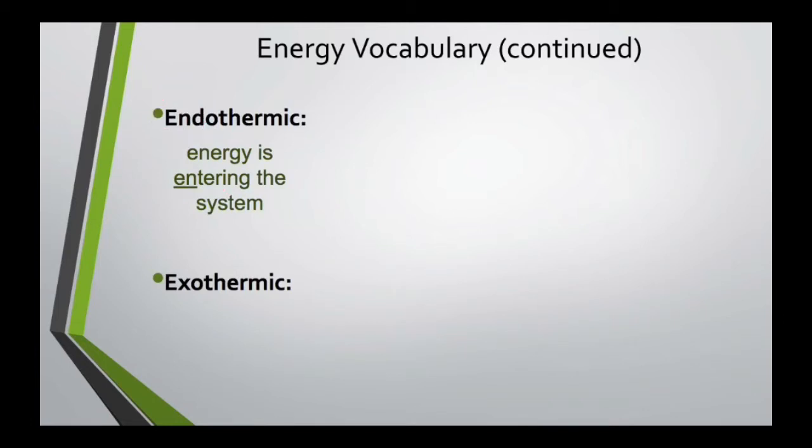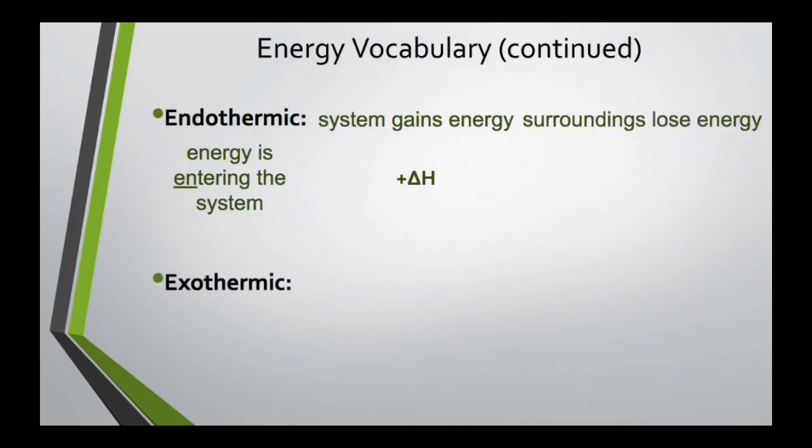And if energy is going into our system, that means the system is gaining energy. That is always going to result in a positive sign on our delta H value. So just to round this out, if the system is gaining energy, of course, that means the surroundings are losing energy.